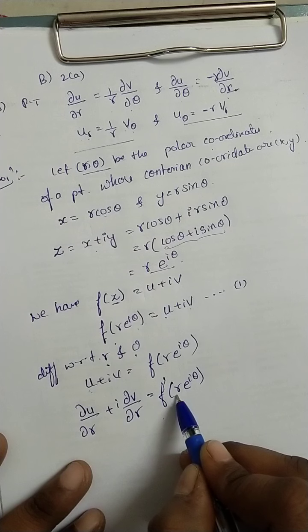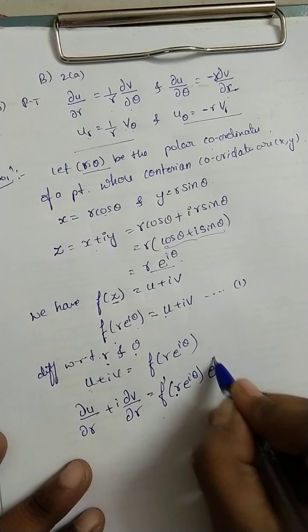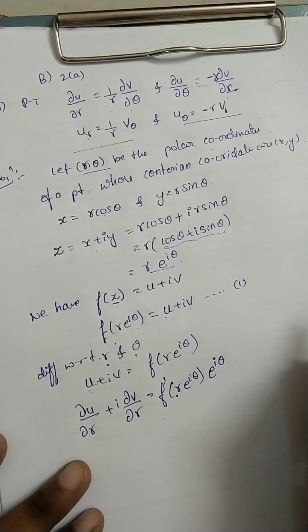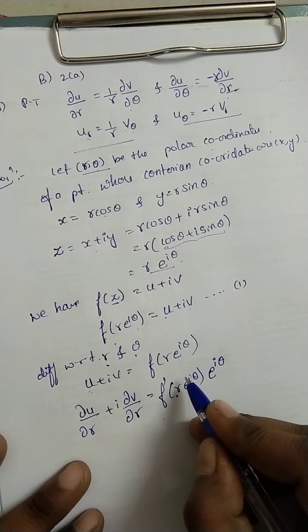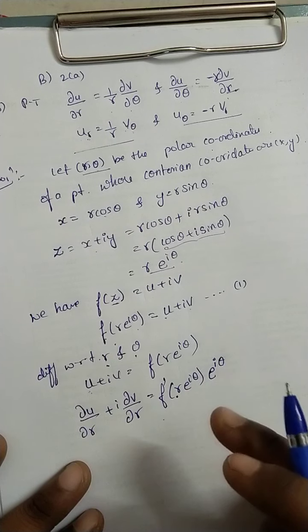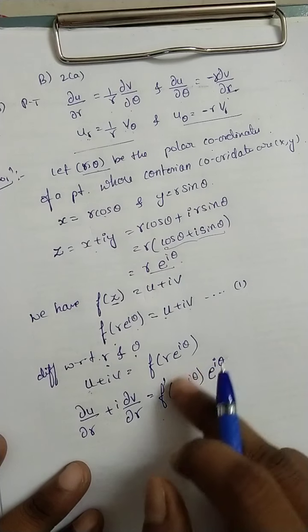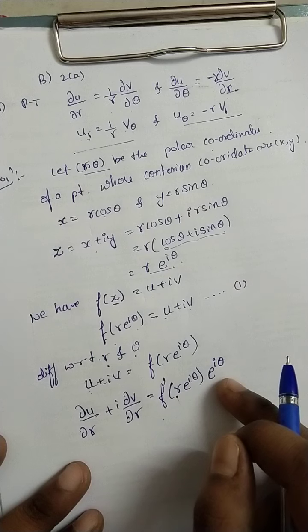With respect to r, differentiation of r is 1, using n x to the power n minus 1: r to the power 1 gives 1 times r to the power 0, which is 1. So what is left is e to the power iθ, which we write as it is.